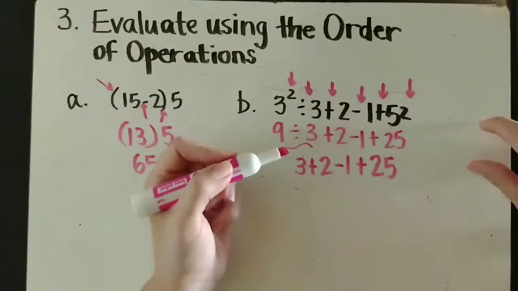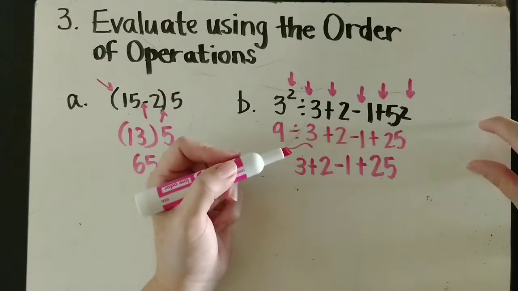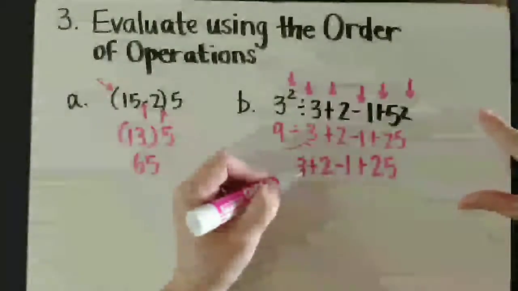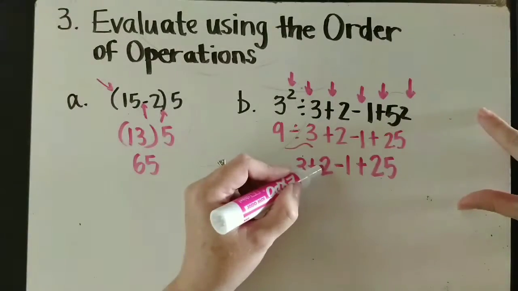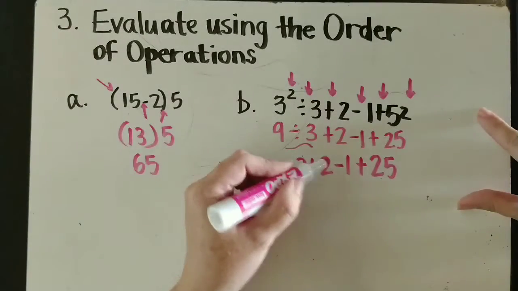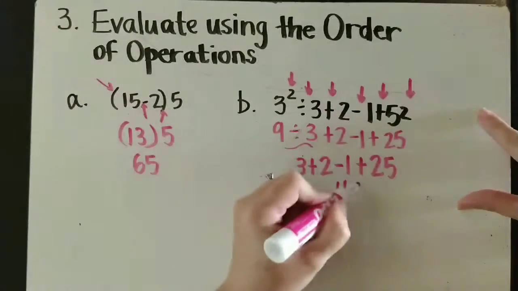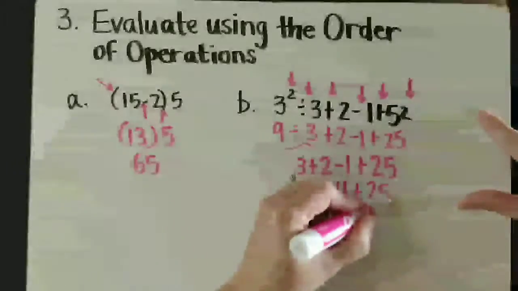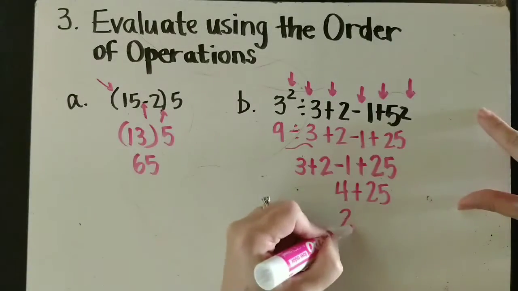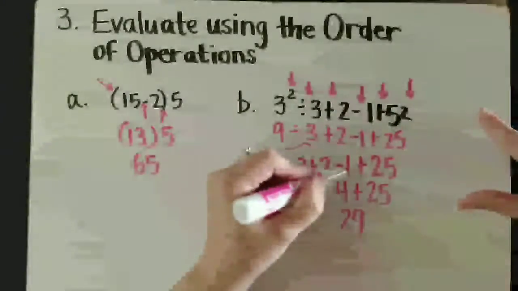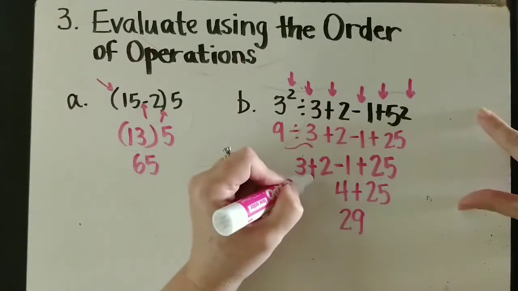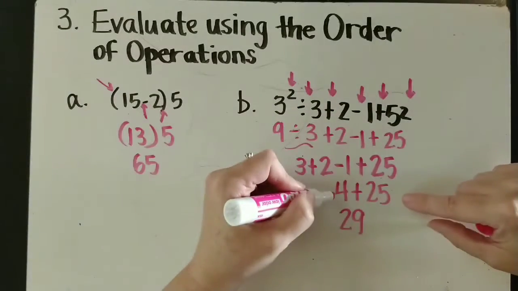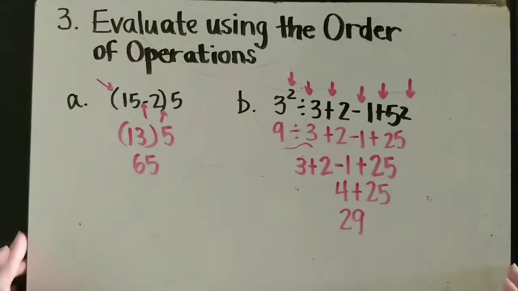These can be done in the same step from left to right. So 3 plus 2 is 5. 5 minus 1 is 4. And 4 plus 25 is 29. Do you see how I combined some of the simple ones first and wrote it down and then added?